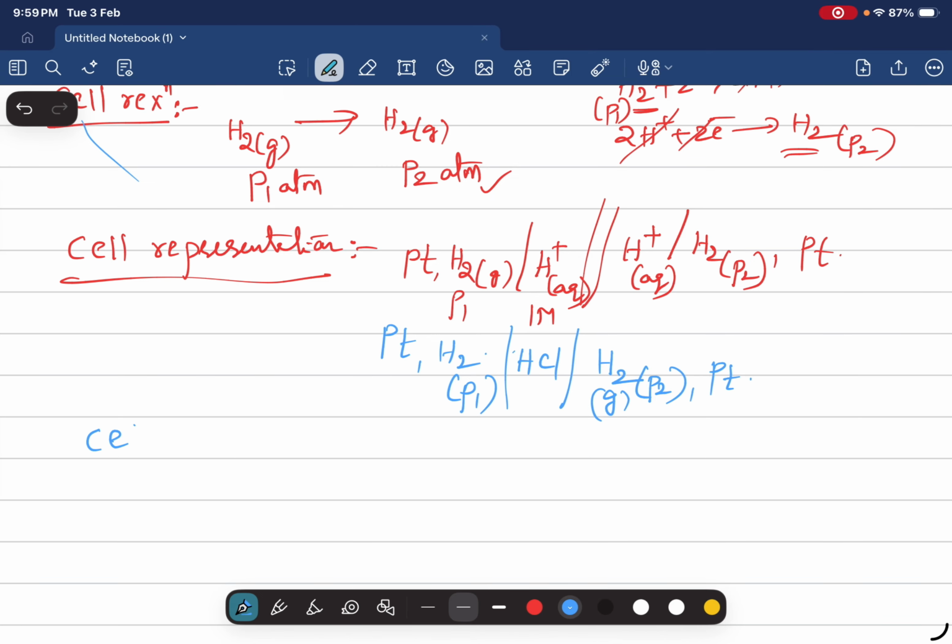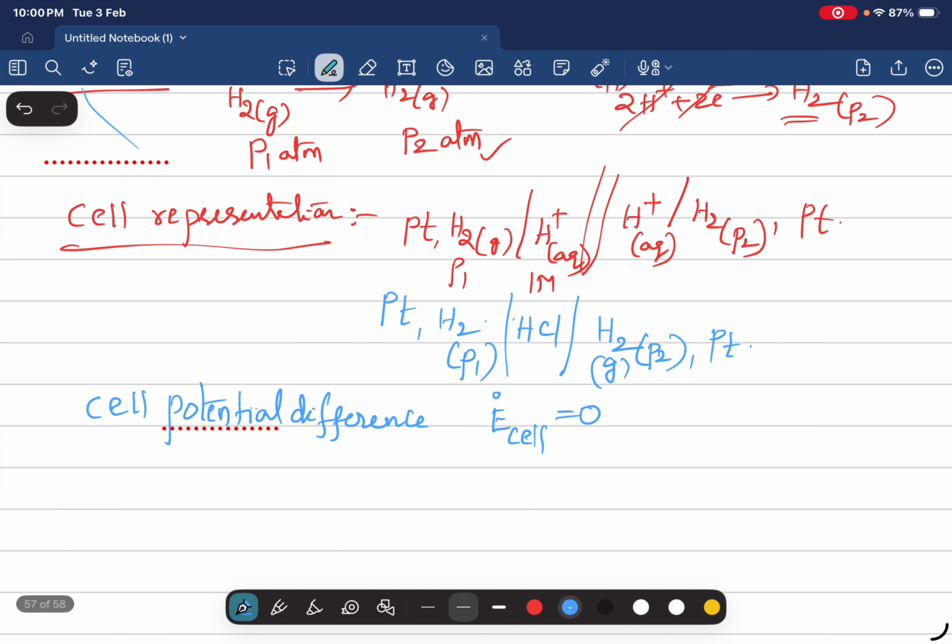Coming to the cell potential difference. In this case E0 cell will be 0 because the compositions are the same. So what will be the result, students? E0 cell equals 0, since it is a hydrogen electrode. So E cell equals 0 minus 0.06 by 2, because 2 electrons is the difference, log base 10.